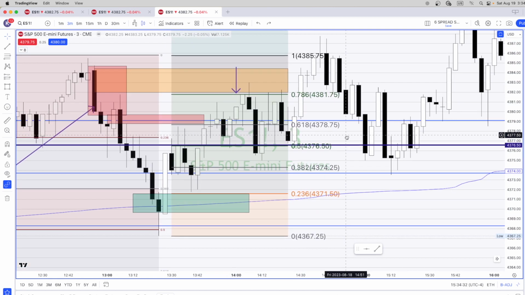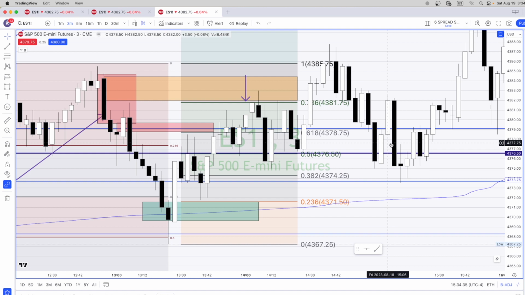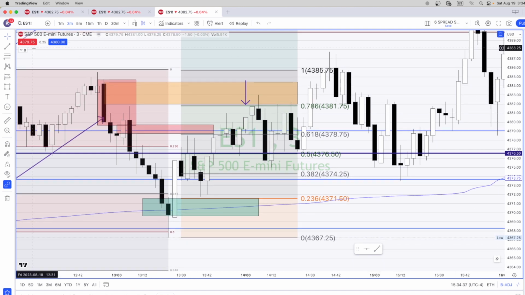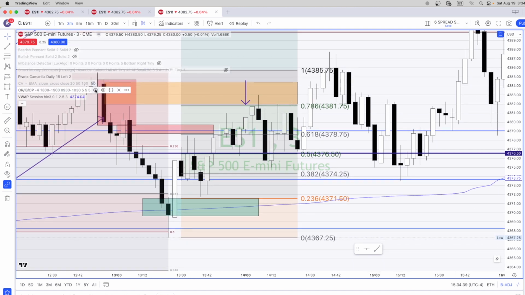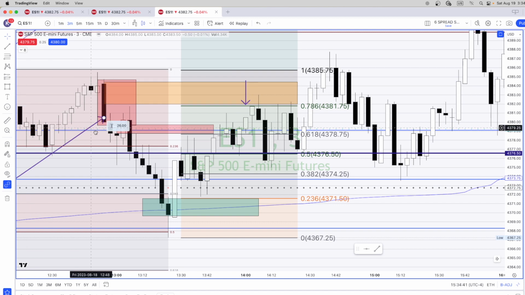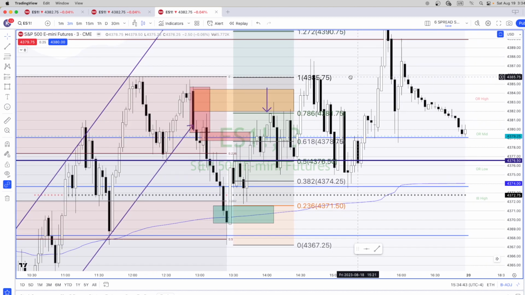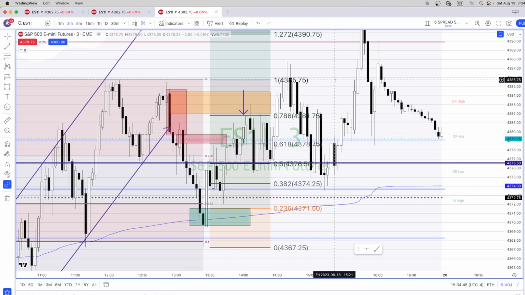Yeah. And so another way to view that 0.382 to 0.618 is almost like an LVN, a low resistance zone for whatever your bias is, whatever you're seeing in terms of overall directional bias, right?